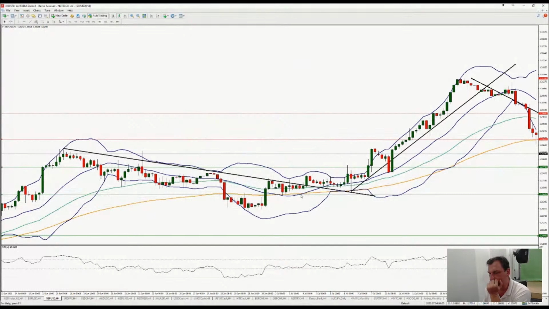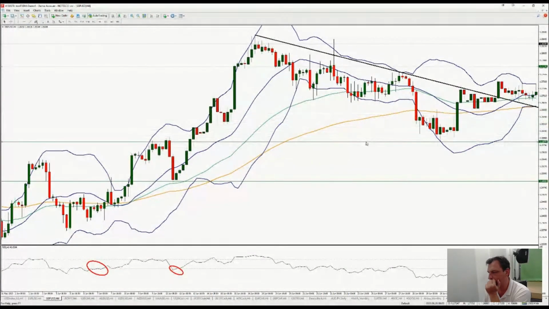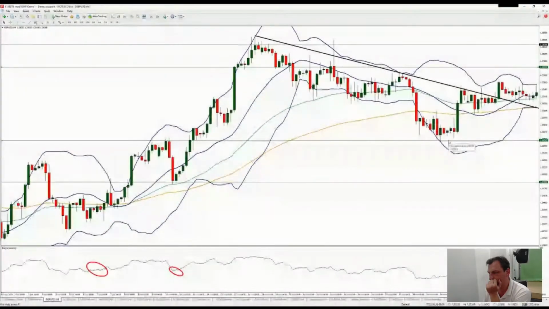There's a possibility for a stop here. But look how it has provided support also here. And also resistance. I'm keeping it.